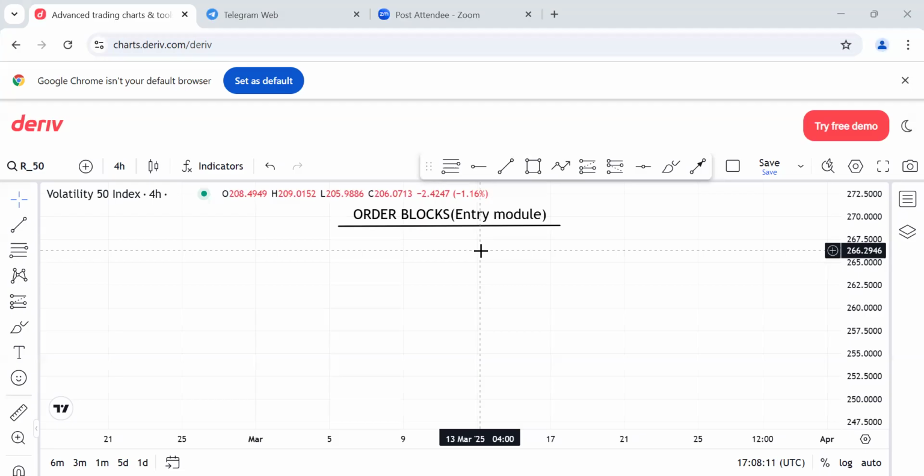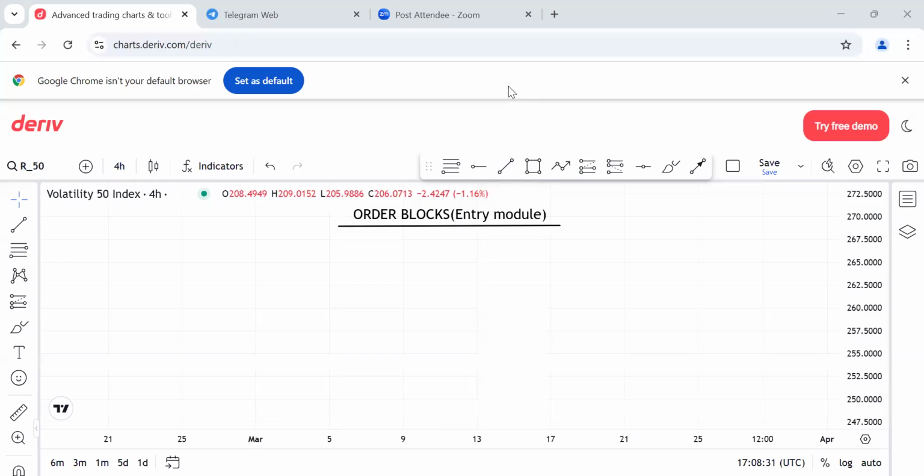The theory behind these order blocks, their formations and concepts, and also the bearish order block, where we have the rally based drop and the drop based drop.